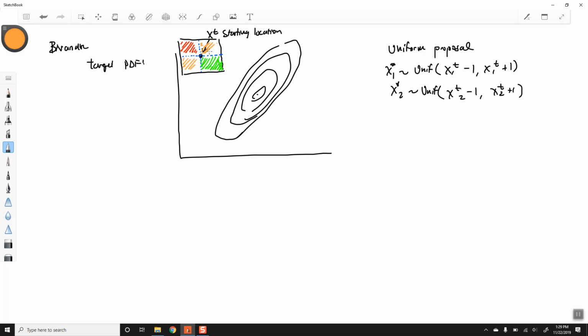So as the number of dimensions increases, the area where I'm guaranteed acceptance will shrink. With 2 dimensions, my guaranteed acceptance goes down to 25%.